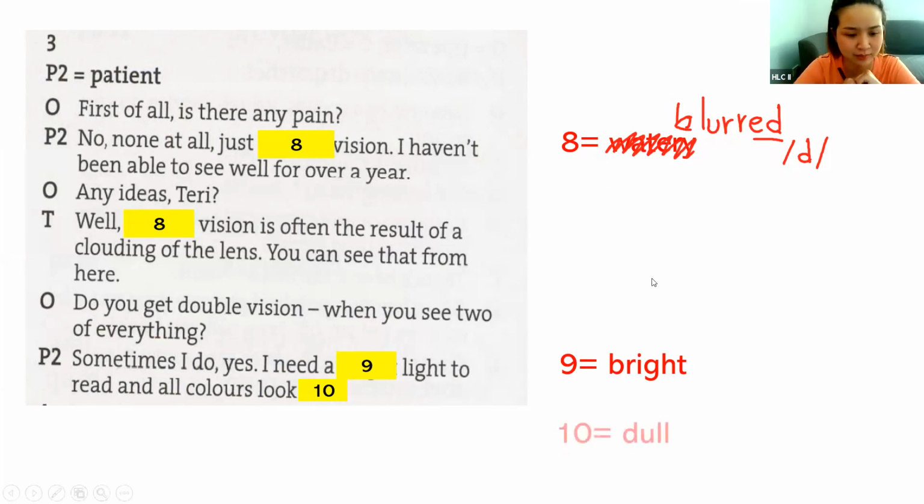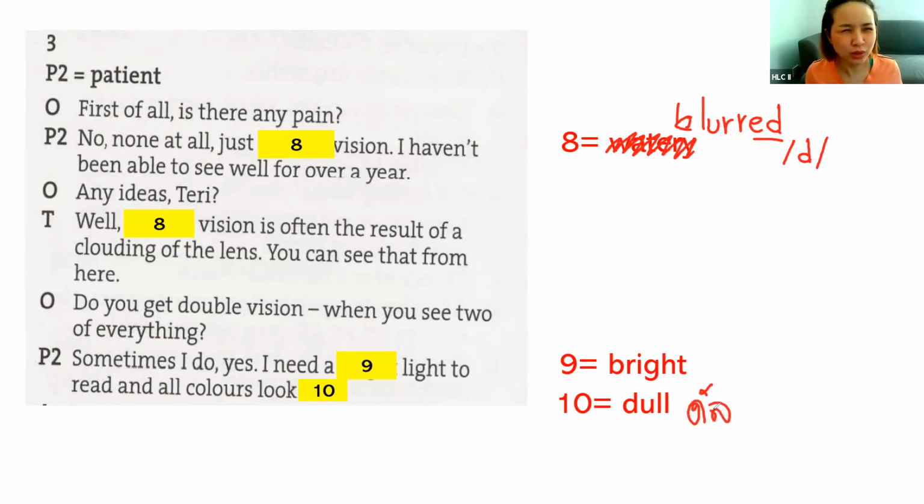Okay, and the last one, number 10. All colors look dull. Dull, like when you don't know something, you dull นะคะก็คือเดาสุ่ม. Dull in Thai means ทื่อหม่นหมอง, so it's not vivid, it's not clear, it's dull. You can also use dull to describe your trip or your holiday or your party or even this class.